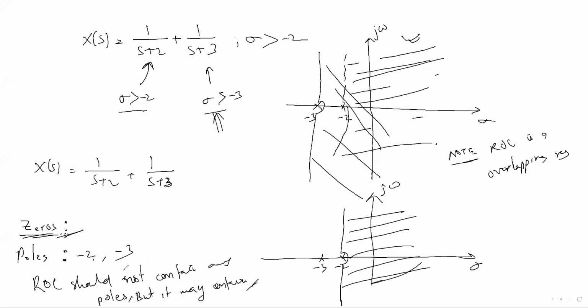That's why, to plot ROCs, poles play a major role, because we have to look whether there are any poles enclosed by this ROC. When we plot the ROC, zeros may be anywhere. You don't bother about zeros when we plot the ROC. That's why to plot the ROC we should know about the poles of that signal. Is it clear?